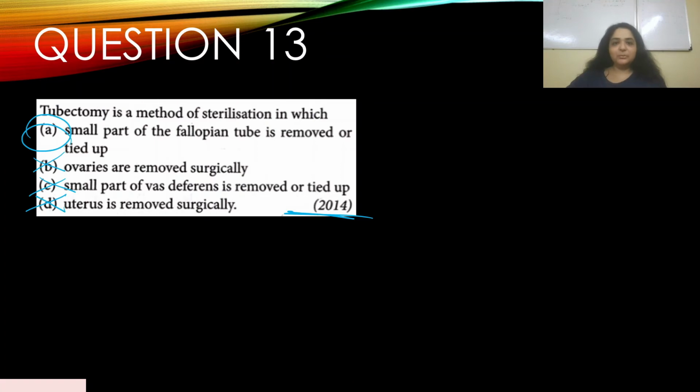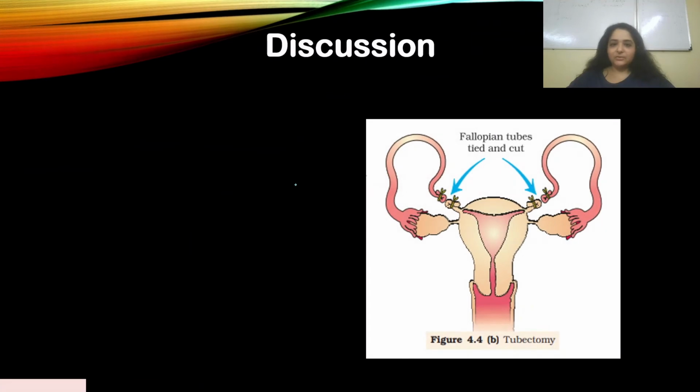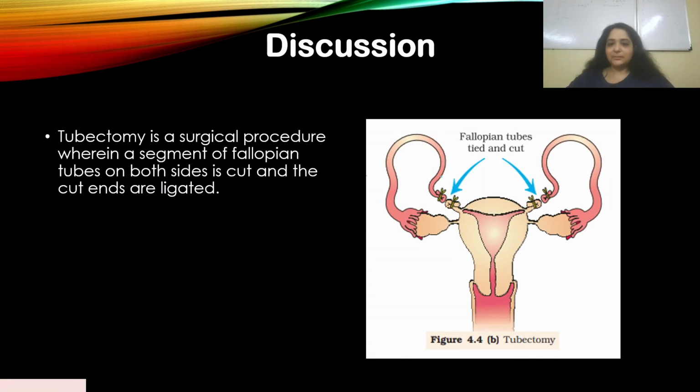Okay, so tubectomy and vasectomy. Think of it this way. Tubectomy, you're talking about fallopian tubes, which occurs in females, and vasectomy is the surgical procedure that is cutting the vas deferens. That happens in males. So the answer is A. Here you have a diagram of the procedure where tubectomy has happened.